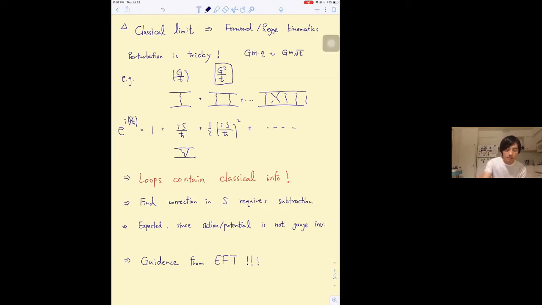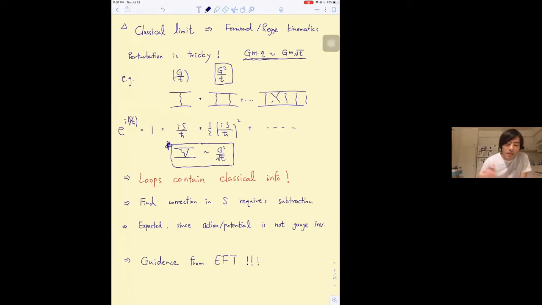So from this tree level piece, if we add up this classical expansion parameter, the corresponding classical diagram is actually this diagram, the triangle diagram. And this one actually scales as G over square root T, which is consistent with this classical counting. So said differently, this one is supposed to be classical, but in the 1 loop contribution there's a part that is actually more classical than it's supposed to be.